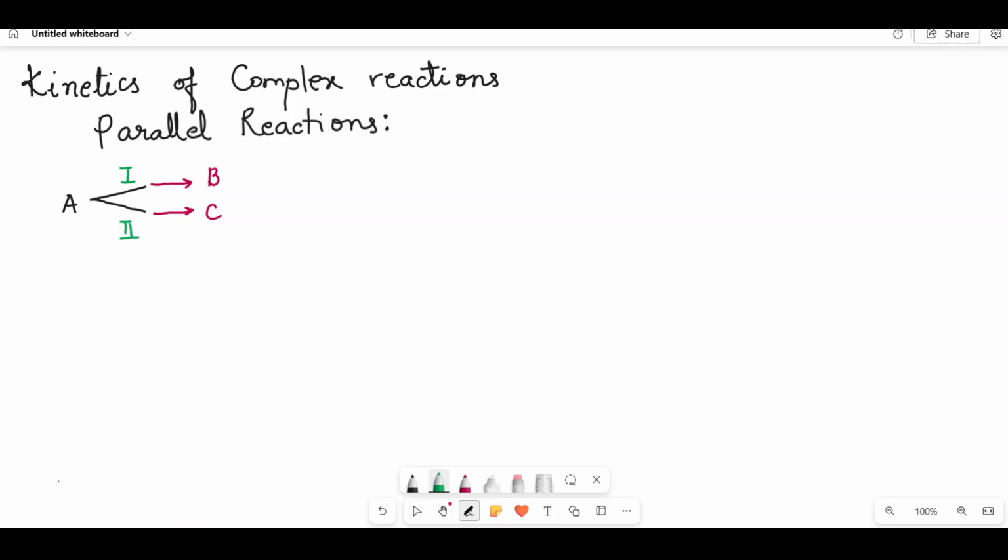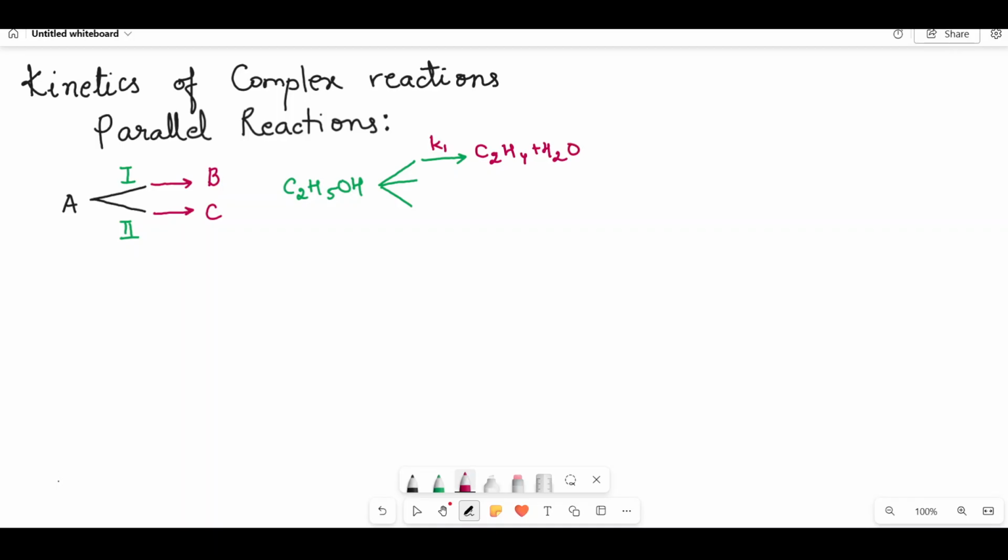Now, before going in detail, let us take an example of parallel reaction. That is when ethyl alcohol reacts, it takes place in 3 steps. The first, it may form C2H4 and water.